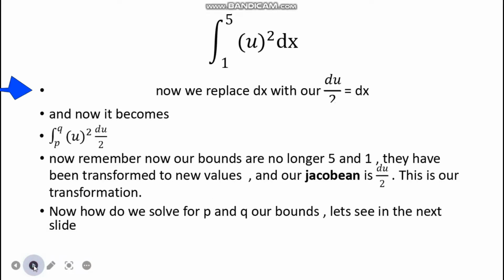Now we replace dx with our equation, and now it becomes as follows. Now remember, our bounds are no longer 5 and 1, they have been transformed to new values, and our Jacobian is as follows. That is our transformation.